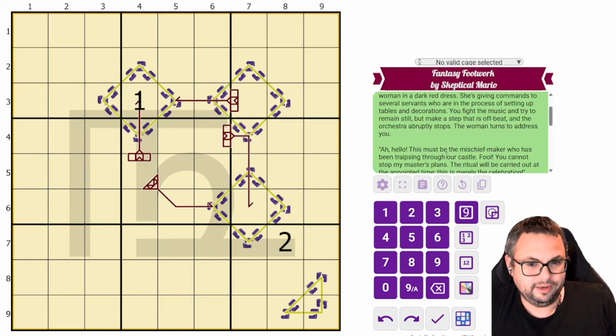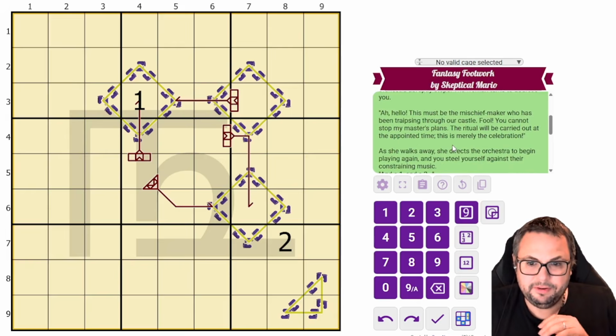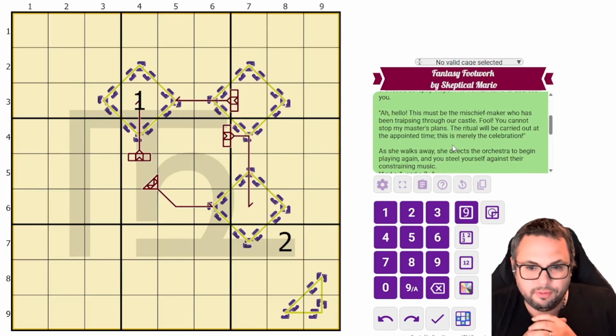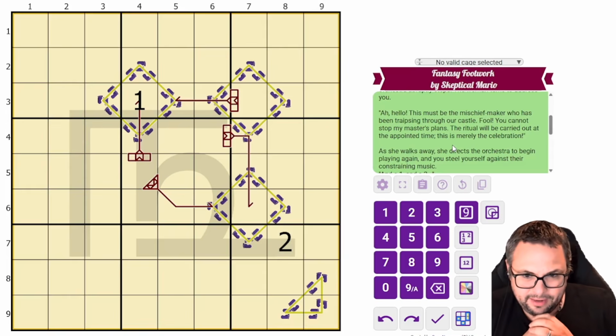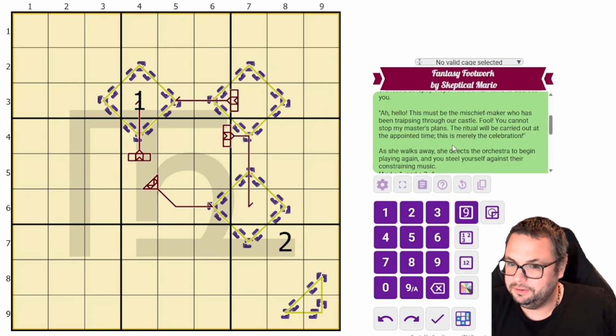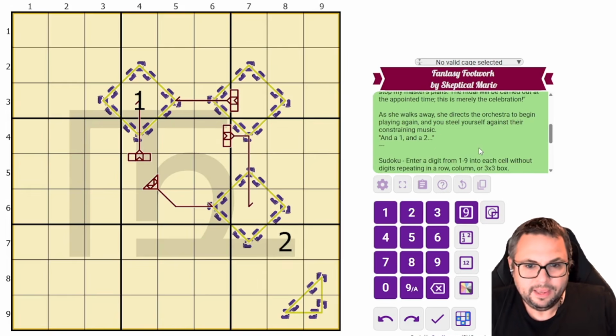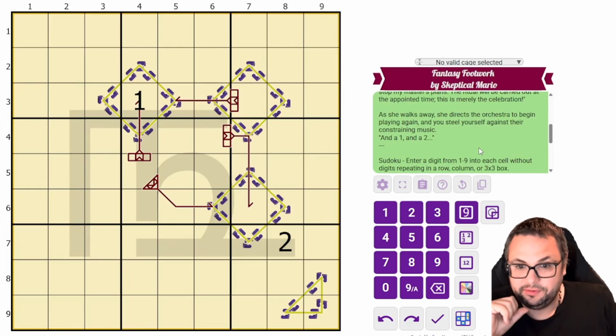You fight the music and try to remain still, but make a step that is offbeat and the orchestra abruptly stops. The woman turns to address you. Ah, hello. This must be the mischief maker who's been traipsing through our castle. Fool! You cannot stop my master's plans. The ritual will be carried out at the appointed time. This is merely the celebration. As she walks away, she directs the orchestra to begin playing again. You steel yourself against their constraining music.